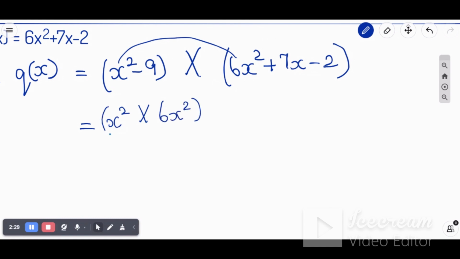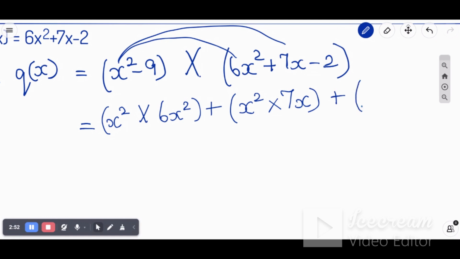Okay, so the next one, multiply x square with the second term. And here you have to put your positive symbol, and then further you can simplify. So put your x square into the second term, 7x, and the third one, put the positive sign only as of now.